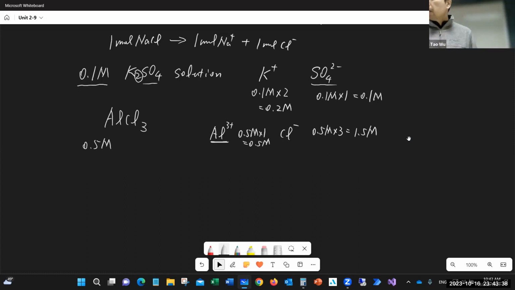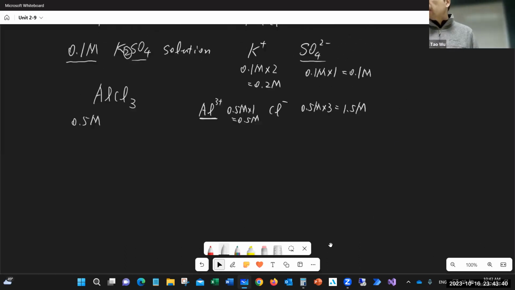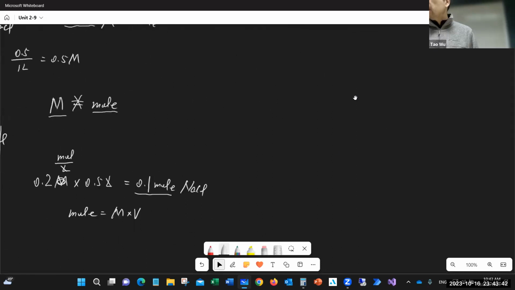The last part I'm going to talk about is still empirical formula, but this is an empirical formula from a combustion reaction.